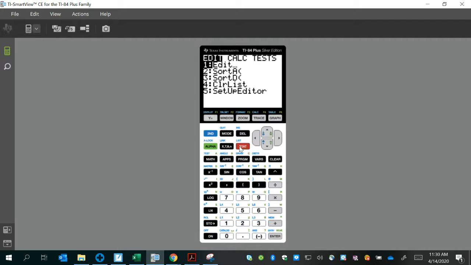When you're ready to do the test, you'll go to Stat again, and notice that there are a couple more sub options up at the top. One says Calc, so that would be to calculate statistics and tests. We're doing a test, and for this one, we would be doing the one proportion z-test.